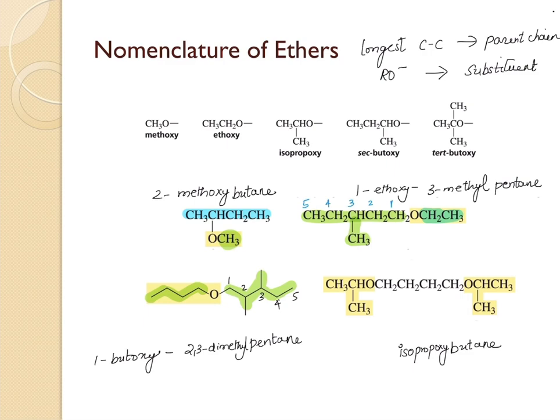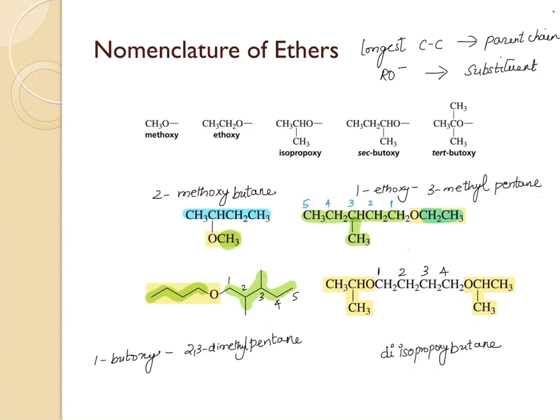Now we have to make sure that we give the numbers for these substituents. So for that, we are going to number these carbons starting from here 1, 2, 3, 4, or you can also go in the other direction because it's a symmetrical compound, right? And now since you have 2 isopropoxy groups, it has to have the prefix di. So it's going to be diisopropoxybutane. But where are these 2 isopropoxy groups present on butane?